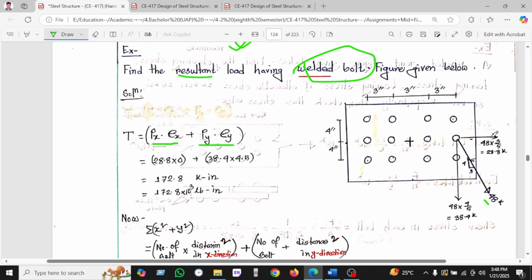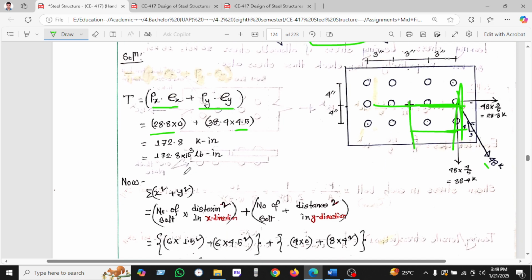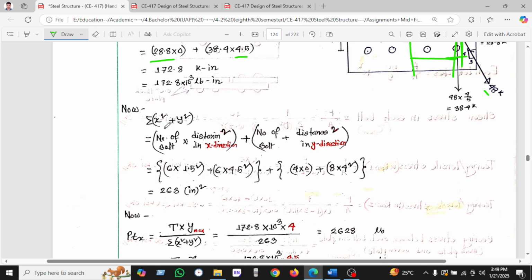So we are dividing the x axis and y axis for all the bolts, and found Px equal to 0 because on the x axis there is no distance. On the other hand, on the y axis, the distance is taken as 4.5. We have 3 and 4.5 here, and found the summation of x squared plus y squared.